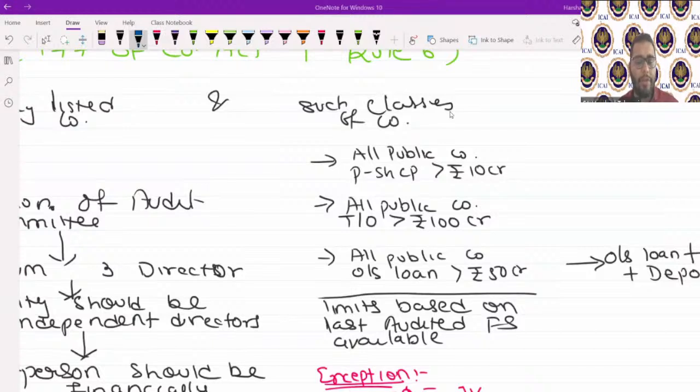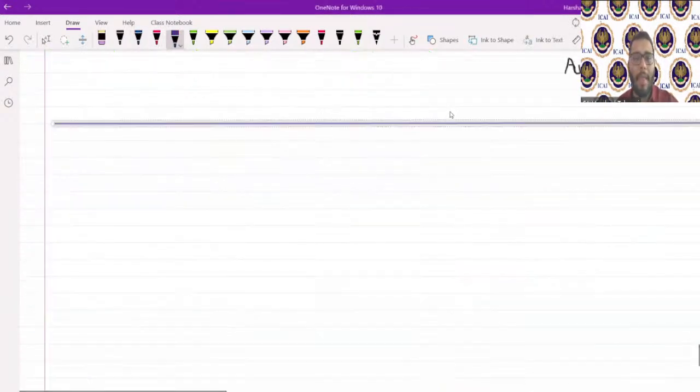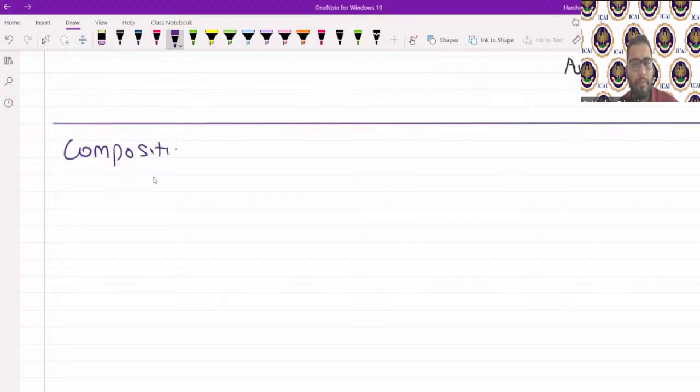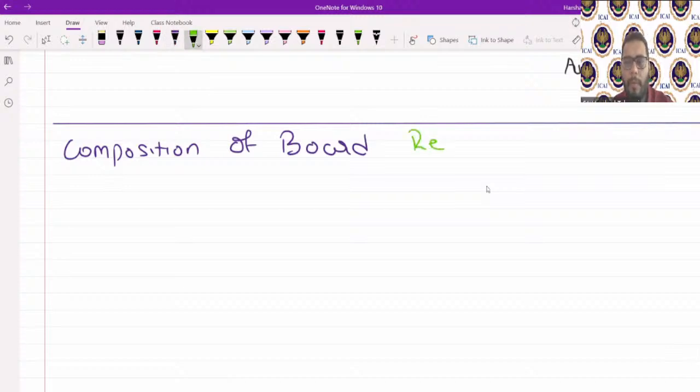So what I'm going to discuss now is composition of board of directors. It falls under regulation 17 and 17A of the LODR regulations.